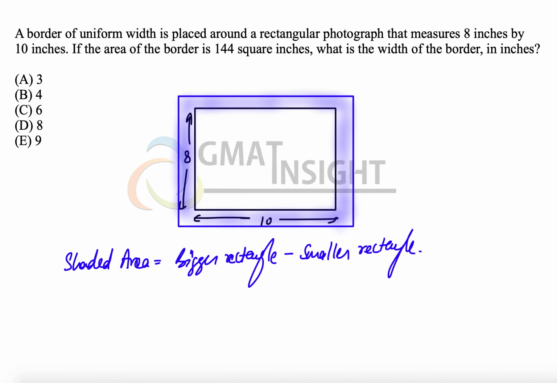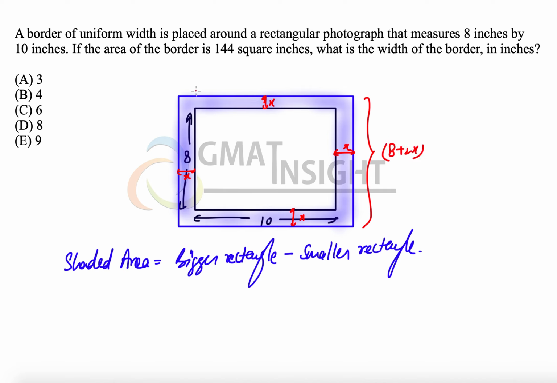Now let us assume that the uniform width is x. That means on the other side also it will be x. On these two sides also it will be x. That means this entire dimension will be equal to 8 plus 2x.